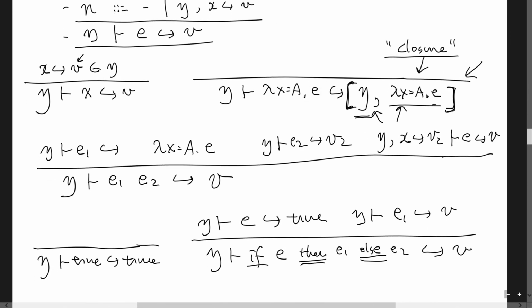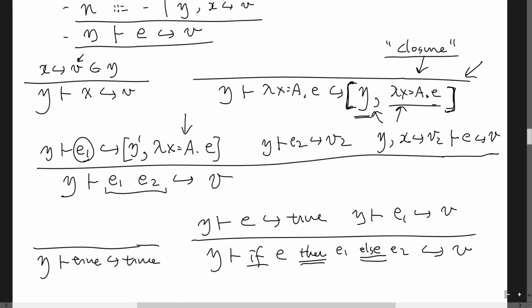Now let's fix this application rule. If everything goes all right, if this expression E1 applied to E2 is well typed, this expression E1 now produces not just a single lambda abstraction, but instead it returns a closure. So it returns eta prime, this lambda abstraction.